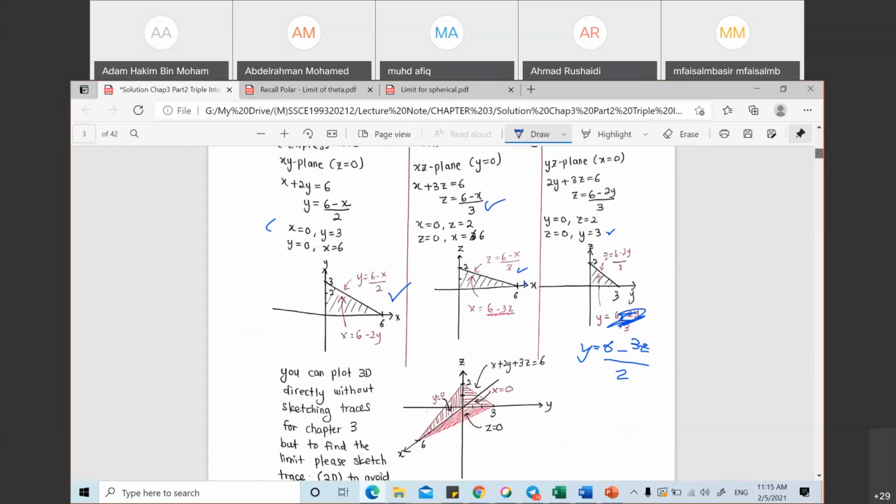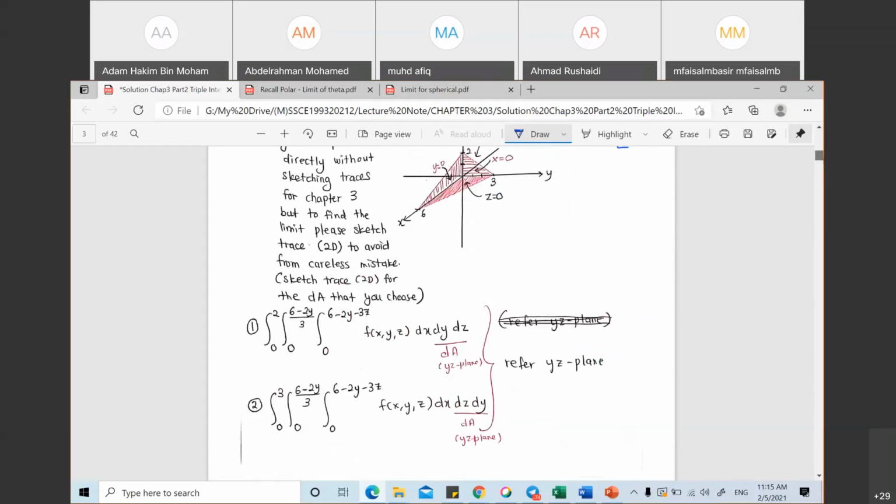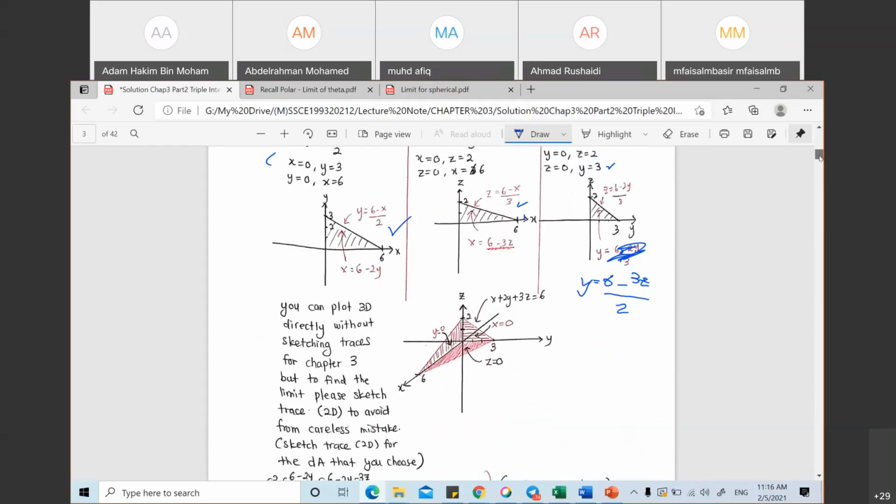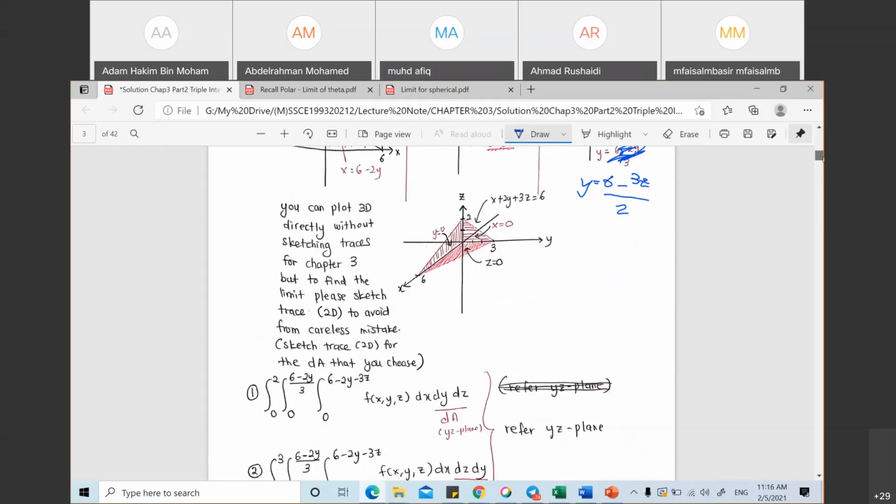So, we are integrating with respect to dy dz. Okay, dy dz. These are different now. So for yz, if you see here, z is the same.